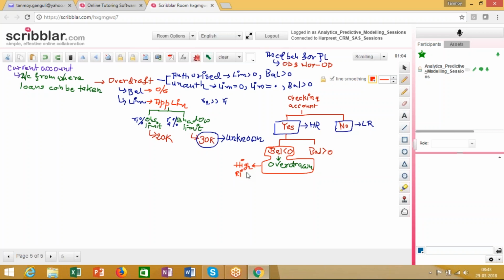Whereas borrowers who do not maintain this negative current account balance, for them this is a low risk segment.